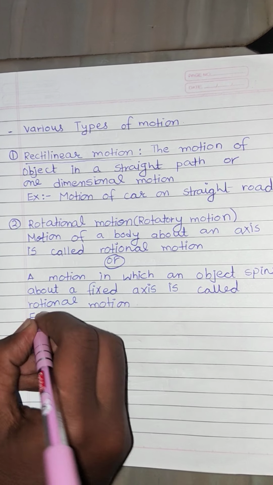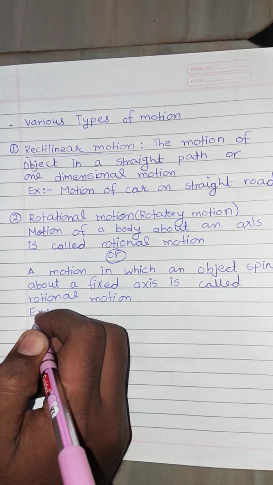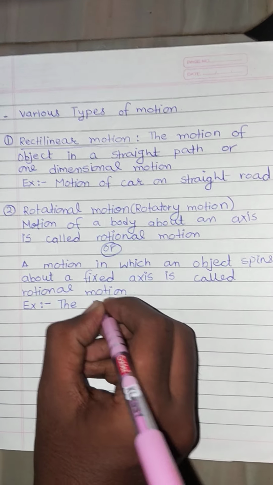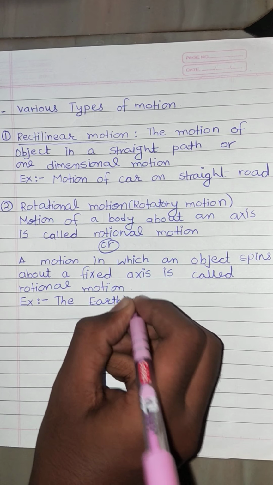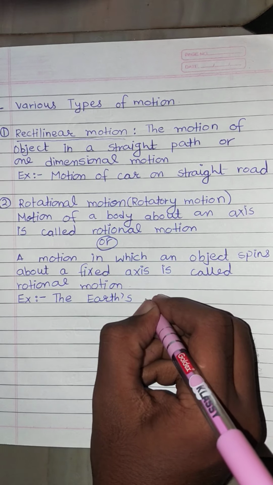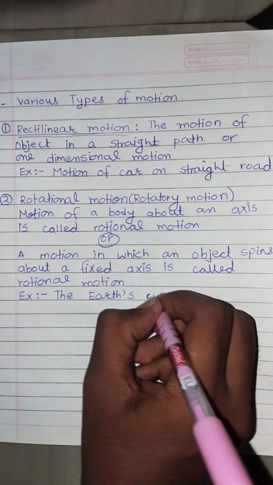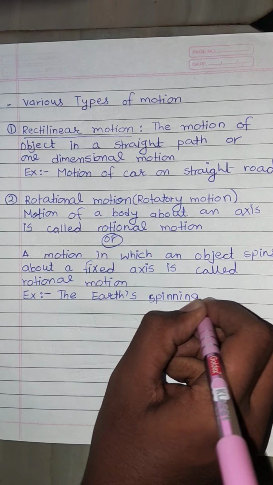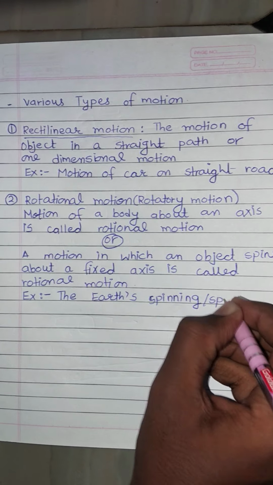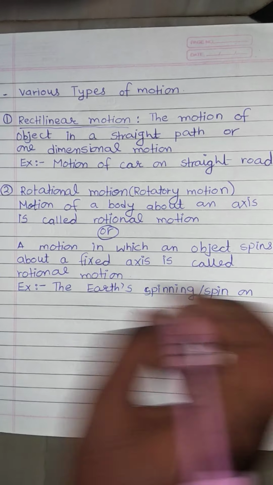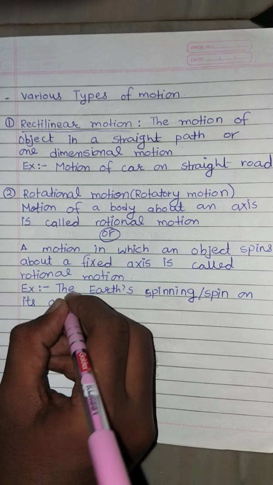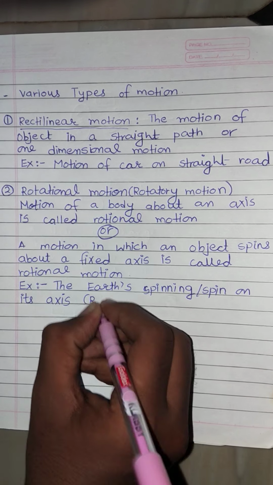The examples of this motion are the Earth's spinning or spin on its axis, which is also known as rotation.